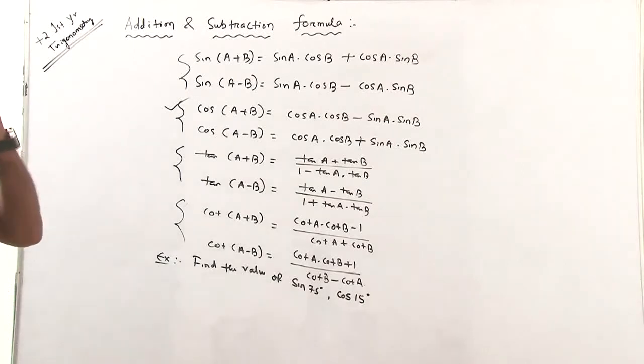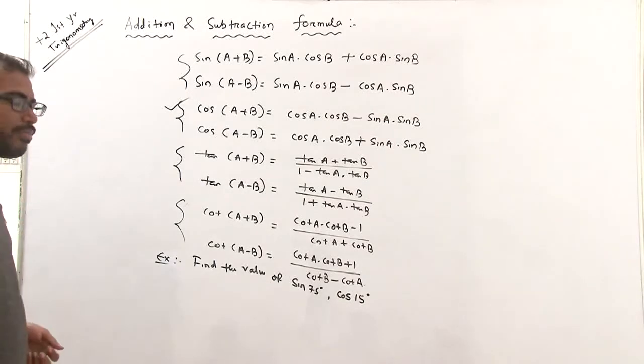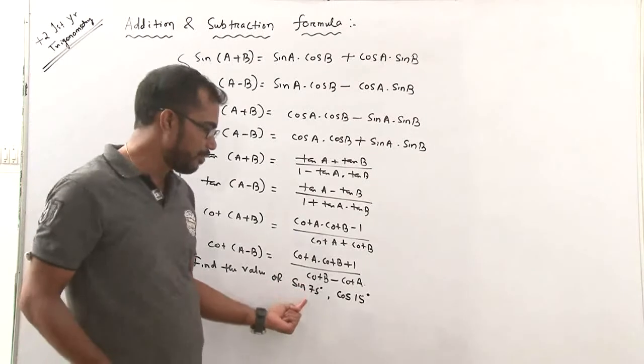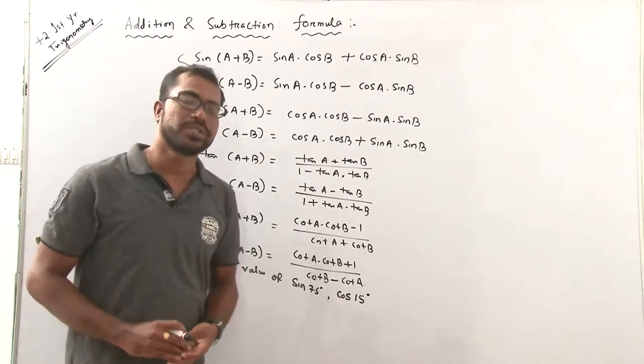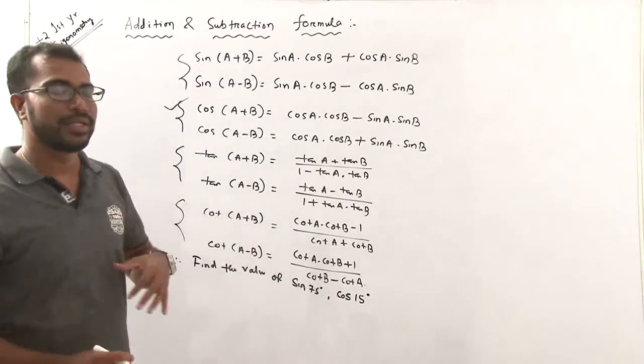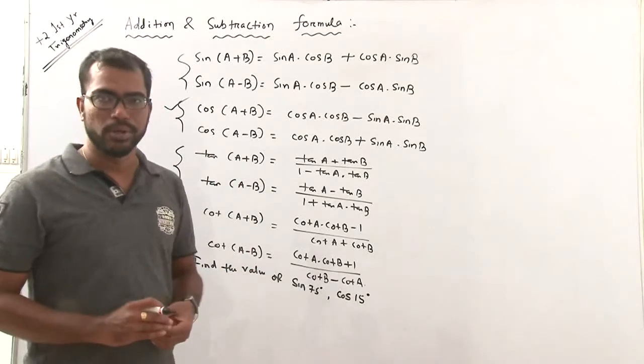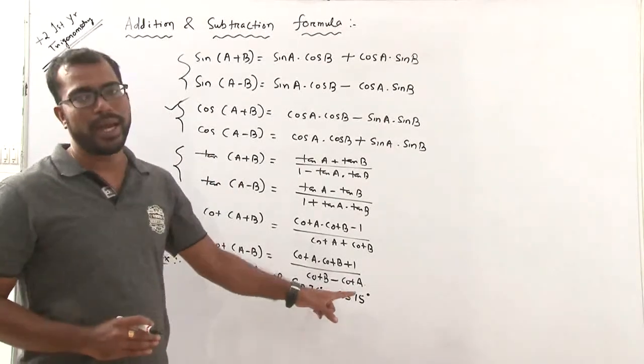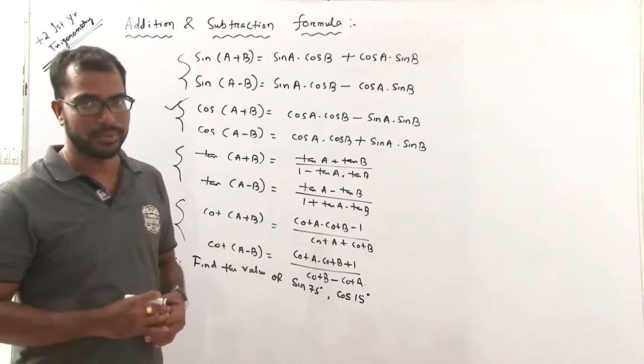Here we have to evaluate the values of sin 75 degree and cos 15 degree, but in our standard angles table, 75 and 15 degree are not available.